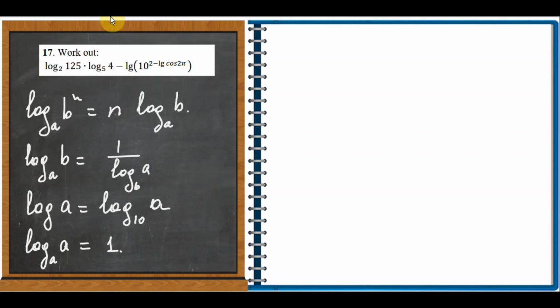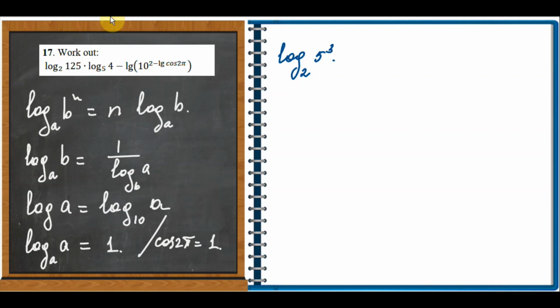And also we need to know cosine 2 pi. Cosine 2 pi is equal to 1; in every full turn, cosine gets 1. Now let's solve it. It's always useful to show a number as a single power.